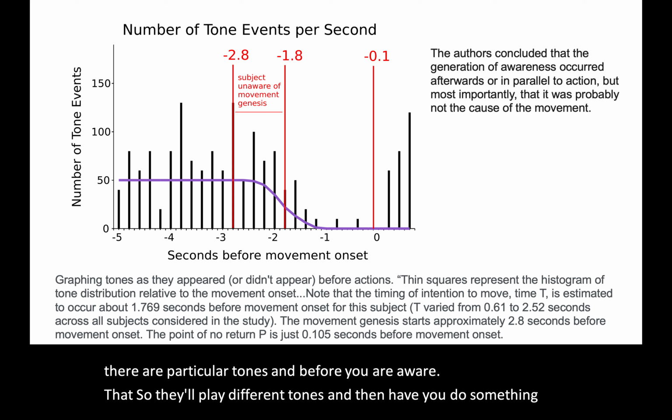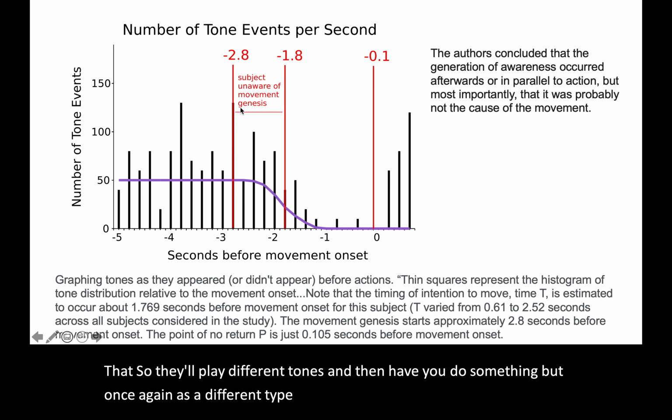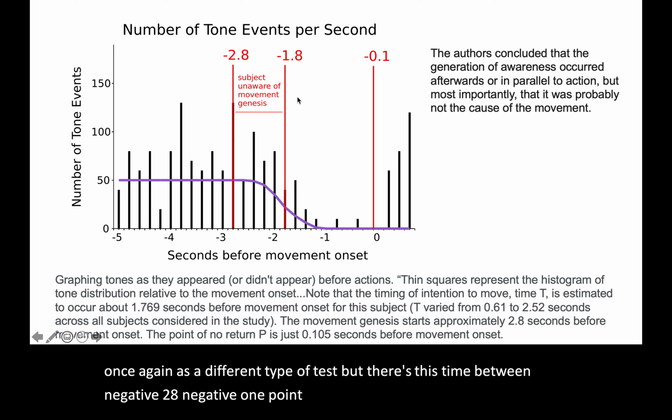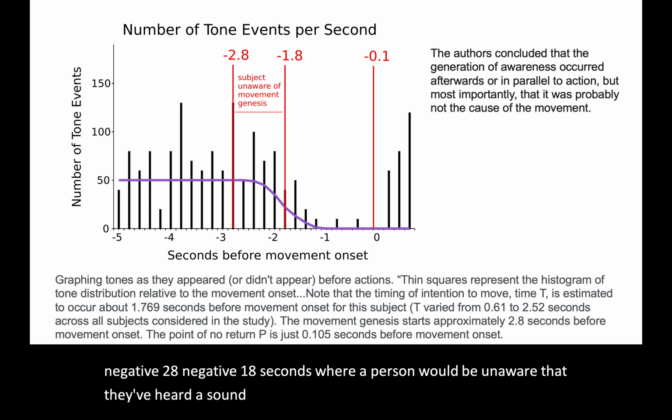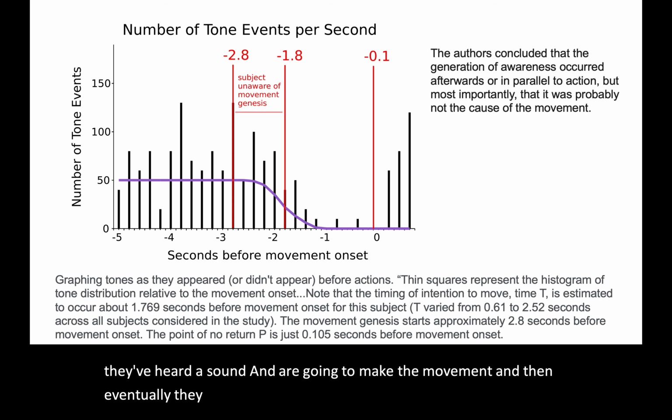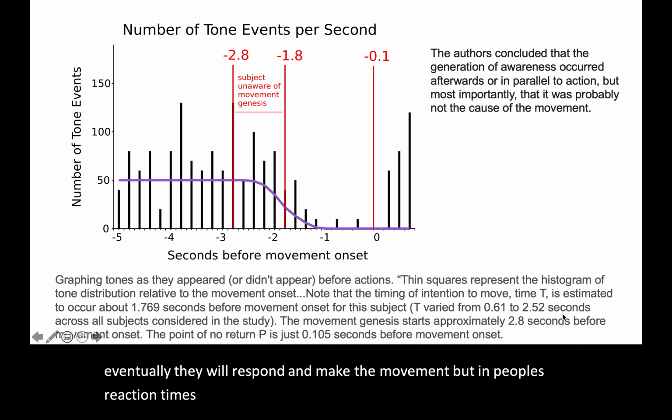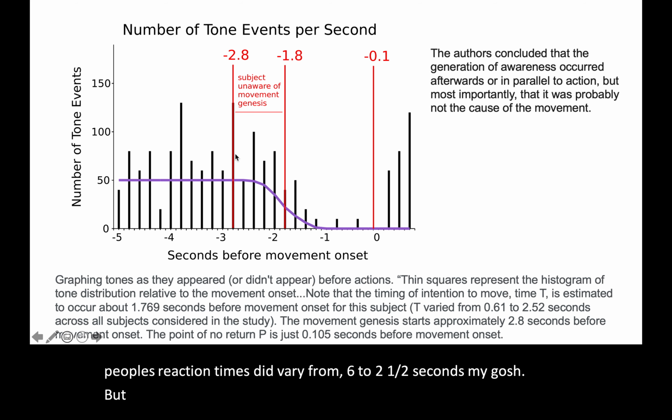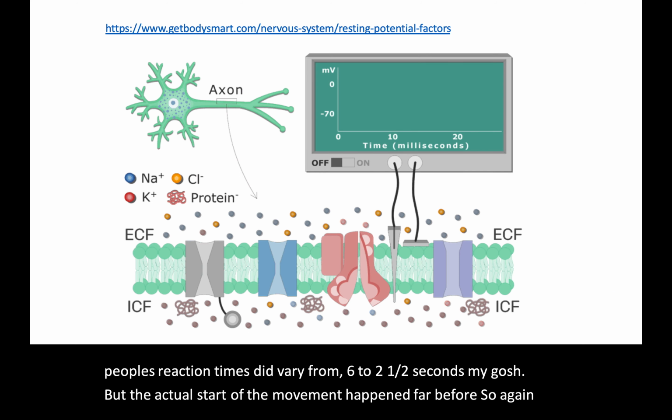It's a different type of test, but there's this time between negative 2.8 and negative 1.8 seconds where a person would be unaware that they've heard a sound and are going to make the movement. Eventually they will respond and make the movement. People's reaction times did vary from 0.6 to 2.5 seconds, but the actual start of the movement happened far before. So again, very interesting.